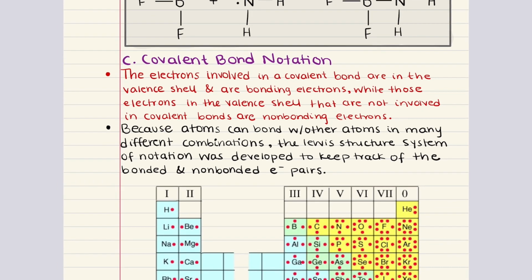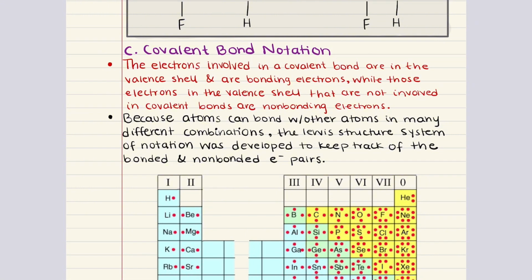A Lewis structure, also known as a Lewis dot diagram, represents the chemical symbol of an element surrounded by dots, each representing one of the s or p valence electrons. In these structures, bonding electrons are depicted as lines between atoms, indicating shared pairs, while lone pairs are shown as pairs of dots on individual atoms.